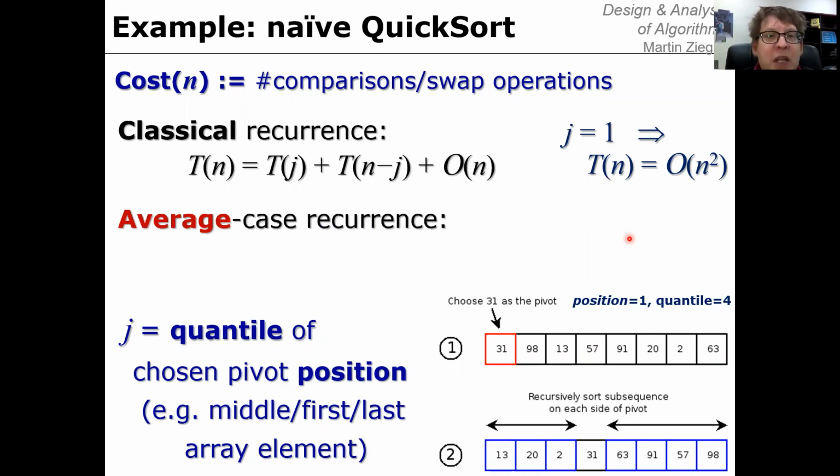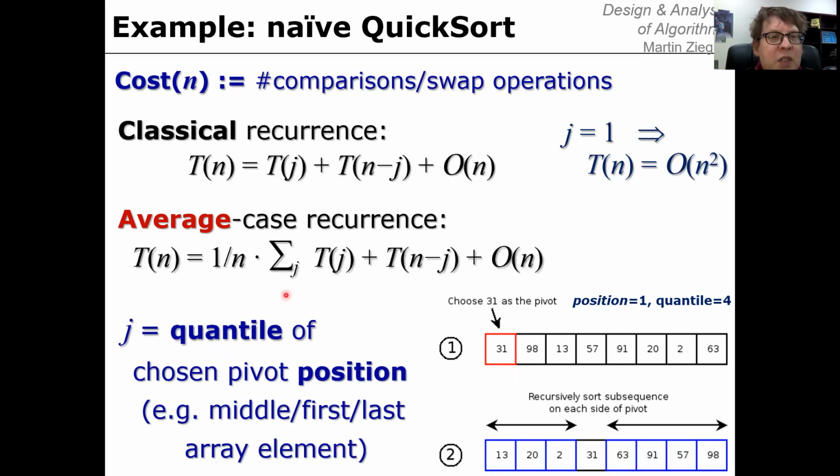So what is the average case recurrence? The average case is taking the average over all possible values for the quantile. So we take a first element, for example, as pivot, and then we consider the average of all possible quantiles of this first pivot. So here's the formula. Here we take the sum again of all possible values of the quantile.